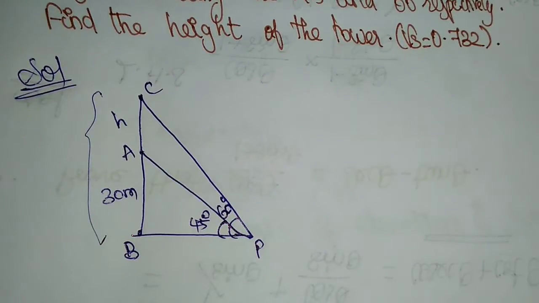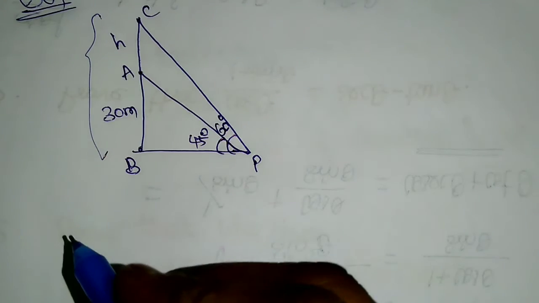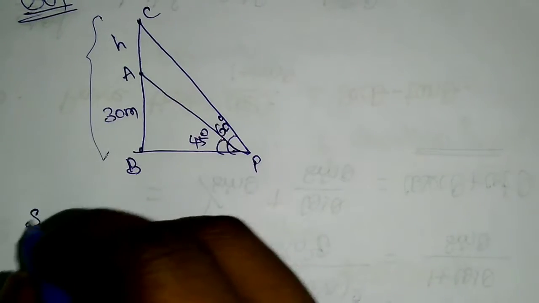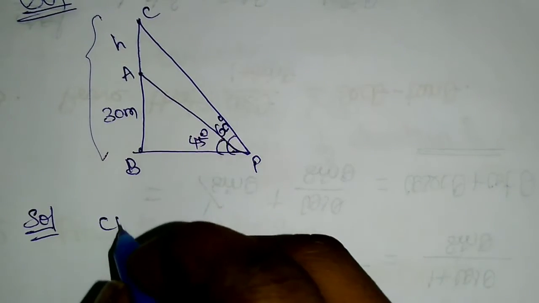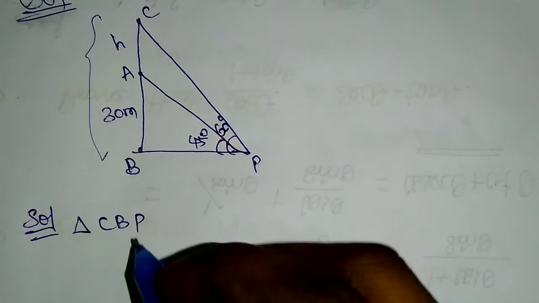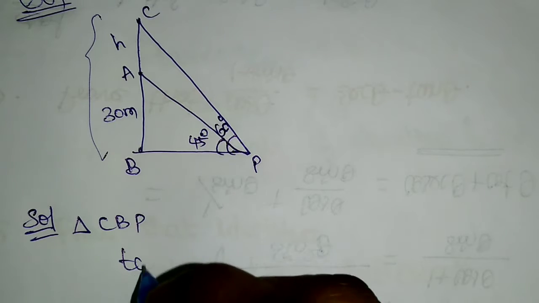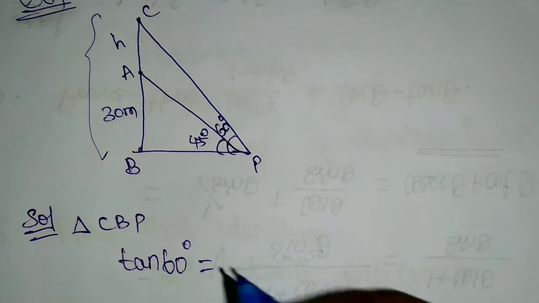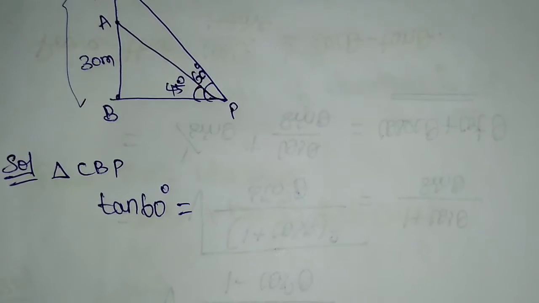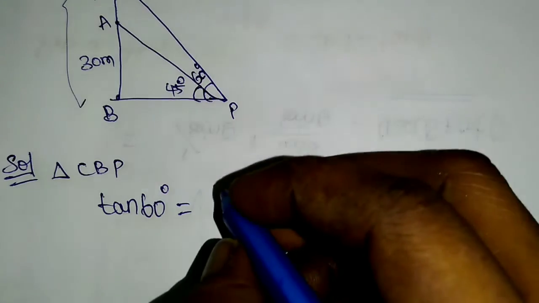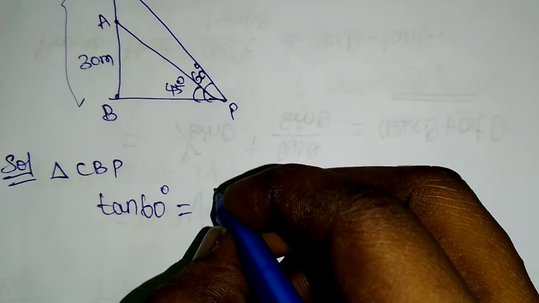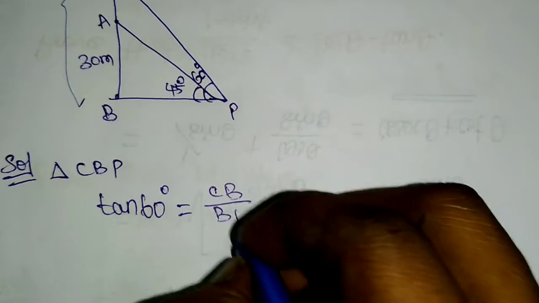Solution. Here from the triangle CBP we get 60°. From here, tan 60° is equal to CB divided by BP.